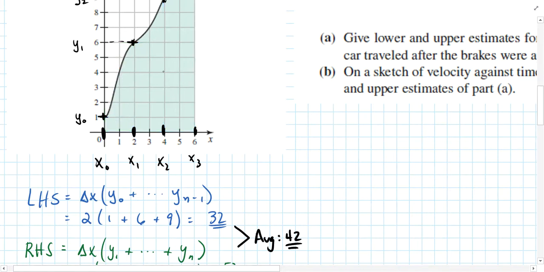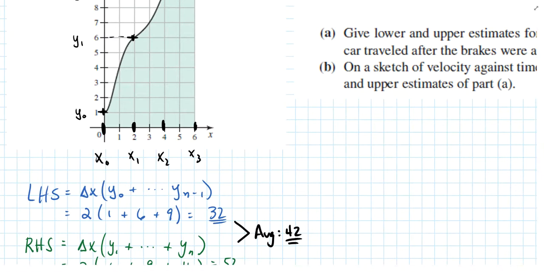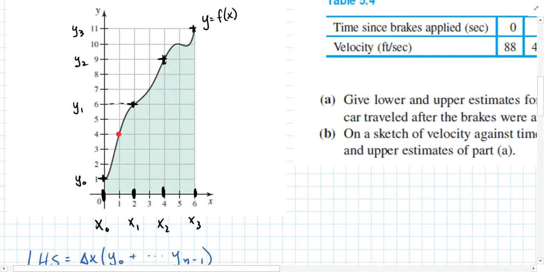I'm going to erase these rectangles here. What if, instead of using the height at 0 or 2, what if we used the height at 4, or the height at 3, or the height at 5? This time, when we generate rectangles based on those positions, then built within the rectangle itself, we have both an over and an under estimate.